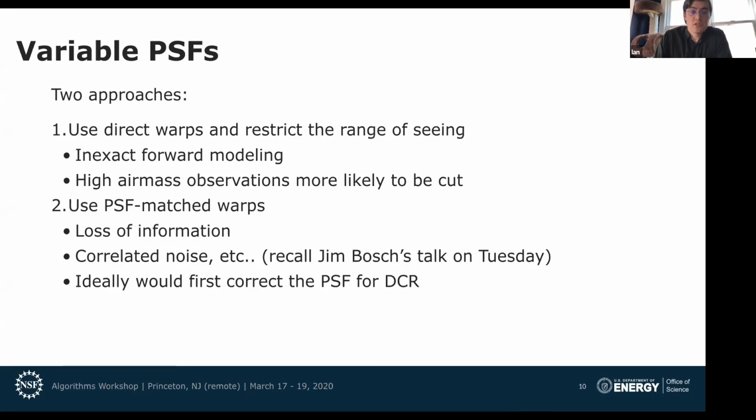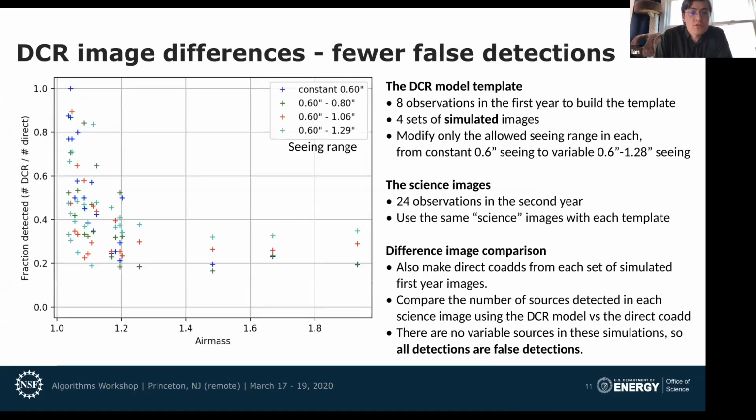All you do is you restrict the observations that you're using. If you do that, and this is again all simulations, so there's nothing else going on other than, well, noise is different, but the ranges of seeing and DCR are the only effects in these images.